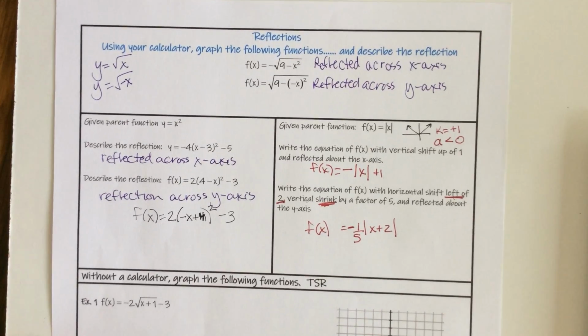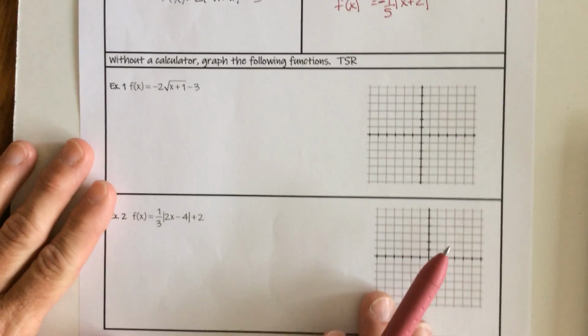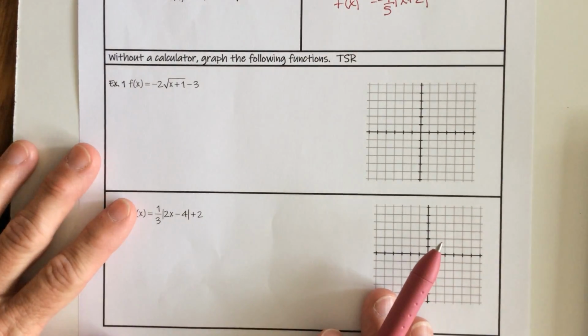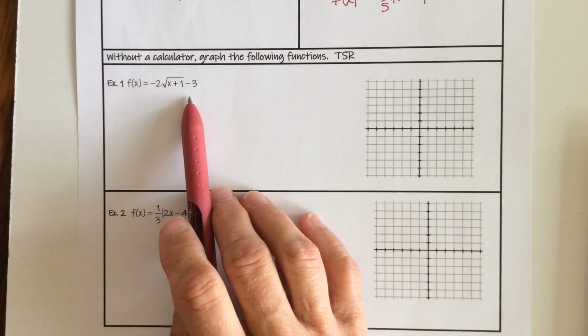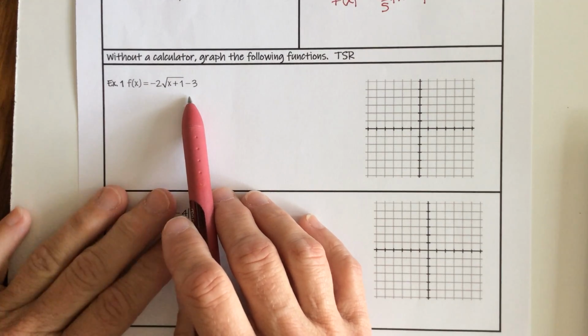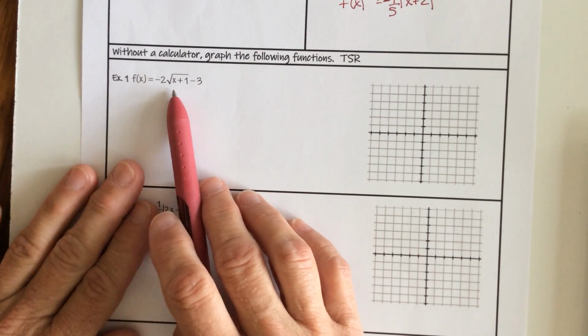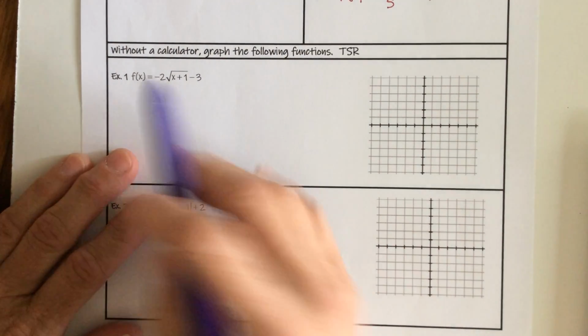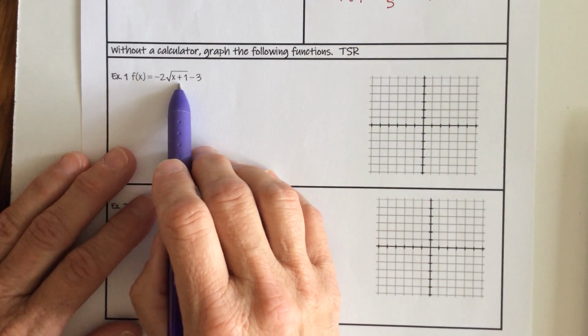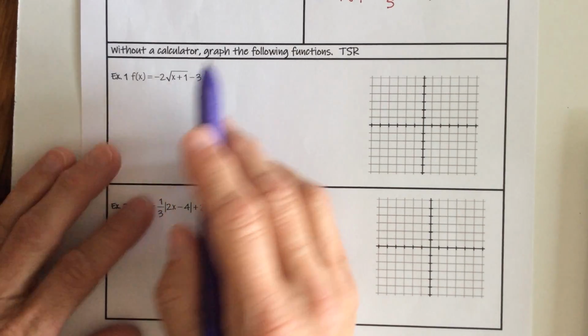Okay, so now let's look at taking what we know and sketching the graph of a function that has some transformations to it. We have the equation f of x equals negative 2 times the square root of x plus 1 minus 3.